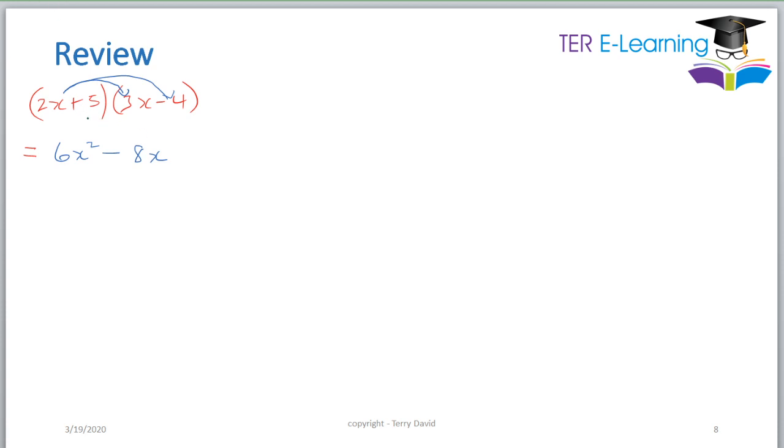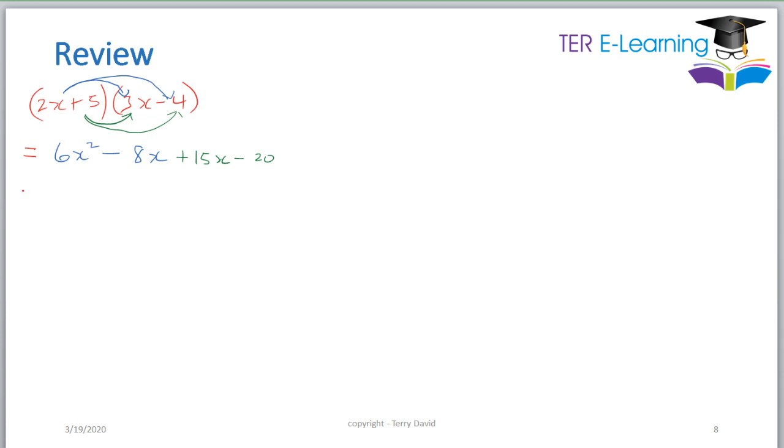Then we're going to take the second term in the first bracket, which is the plus 5, and multiply by this and then by this. So 5 multiplied by 3x will give me 15x, and then 5 by minus 4 will give me minus 20.